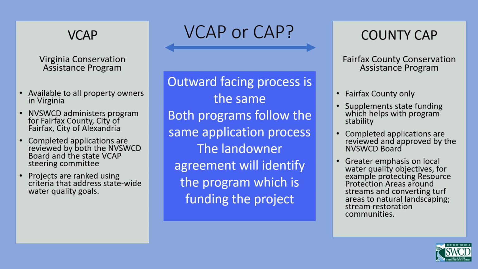But outwardly facing, the process is basically the same. Both programs follow the same application process. The only place where your client may see a difference is when they sign the landowner agreement. That form will identify the program which is actually funding the project.